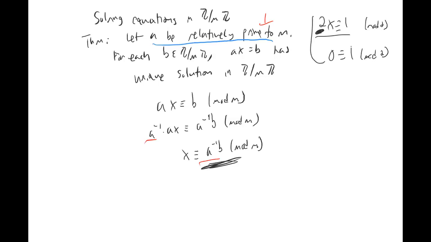If I was working mod 2, this is impossible, because 0 is not 1 in Z mod 2Z. So you do need this relatively prime condition. But what if you're not coprime?